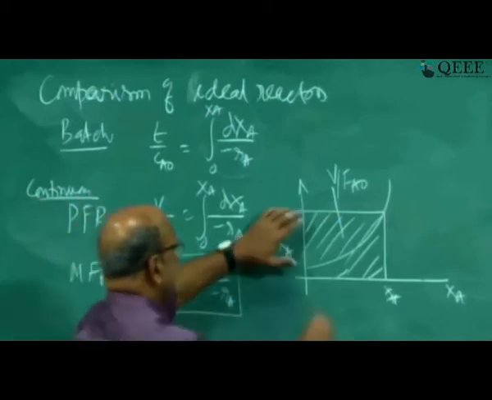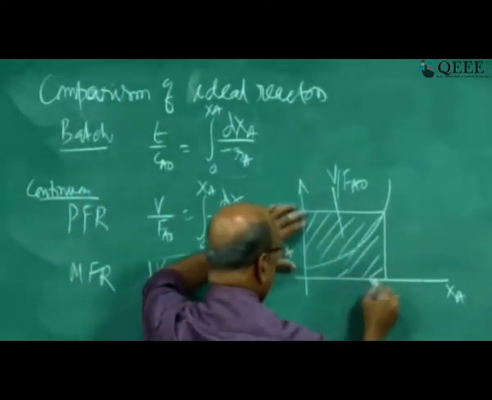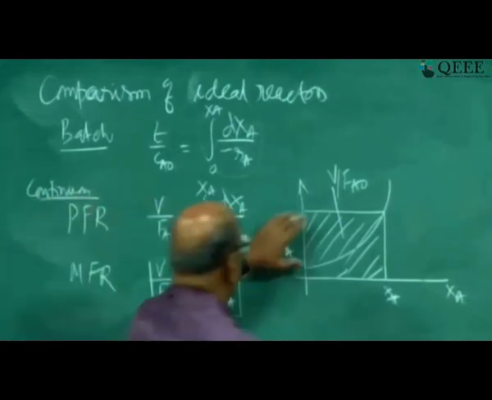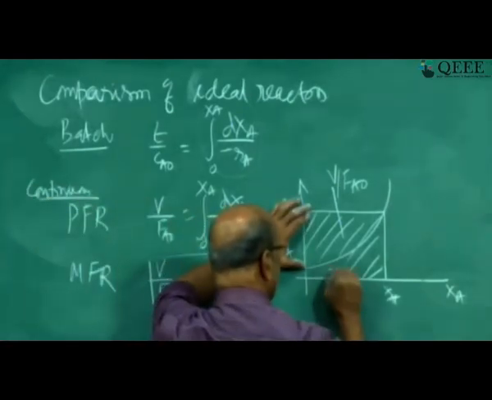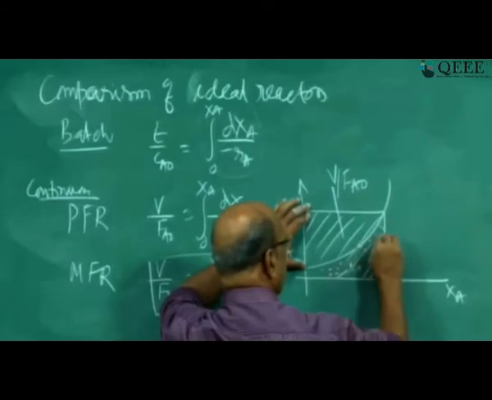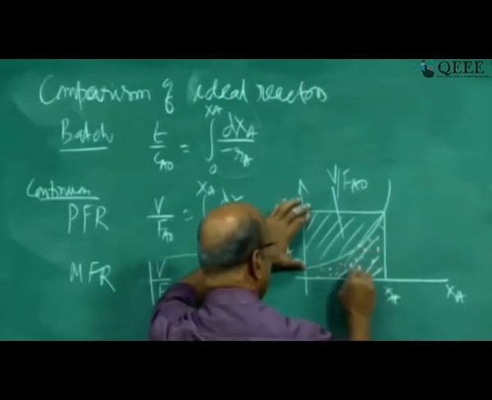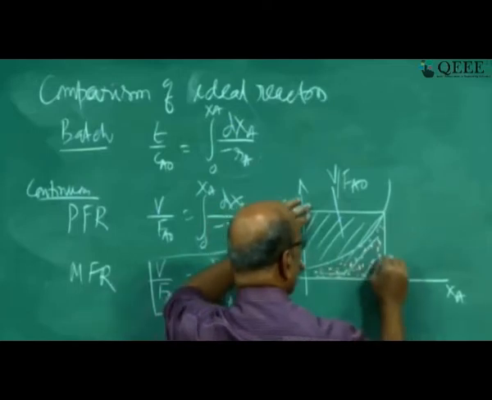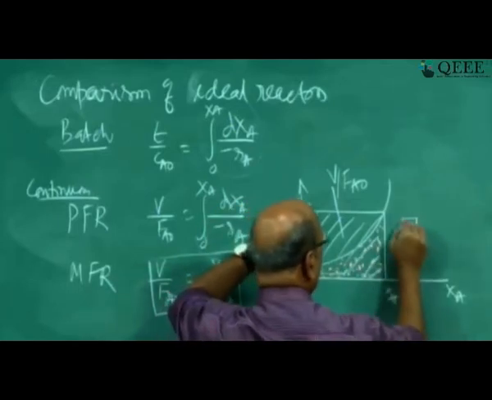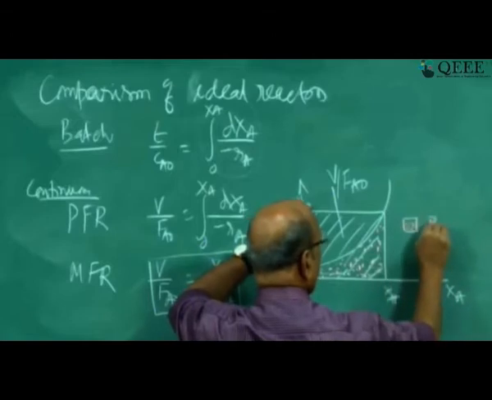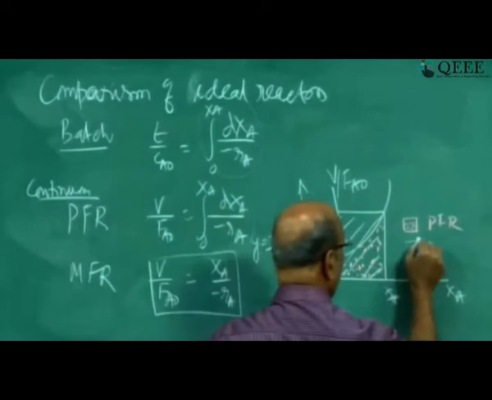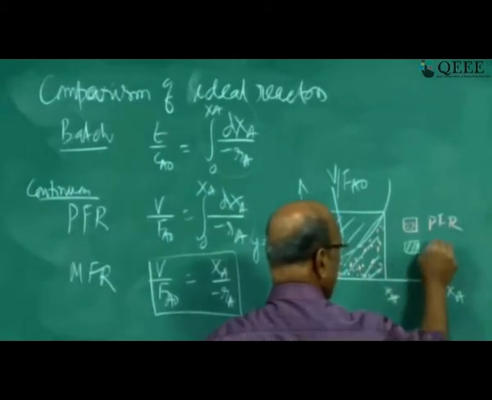So naturally this entire area is larger than this area, because this area is for PFR. This is for PFR. And this one is for MFR.